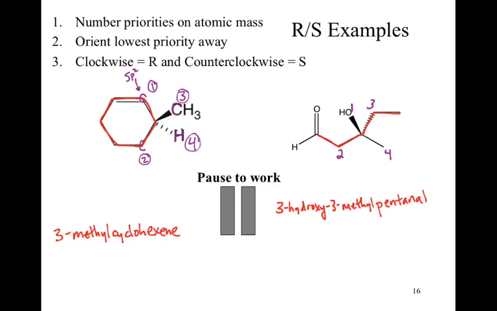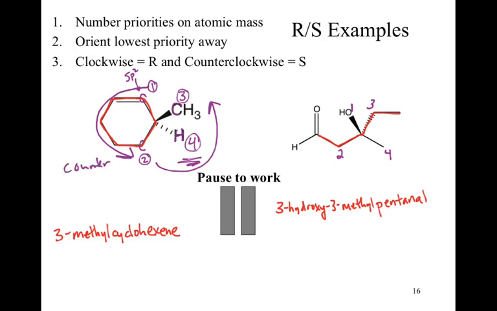The one on the left is also the easiest one to work with, because we'll notice that our next step is to orient our lowest priority away. Well, number 4, our atom, is oriented furthest away. So cool, it's already in that fashion. So what we'll now go through and do is connect with a circle or with an arc going from 1 to 2, 2 to 3, and notice that the direction that I am moving theoretically is counterclockwise.